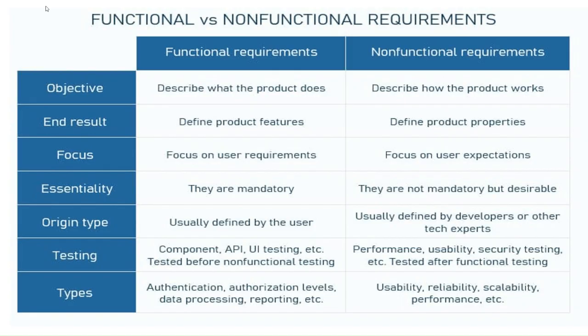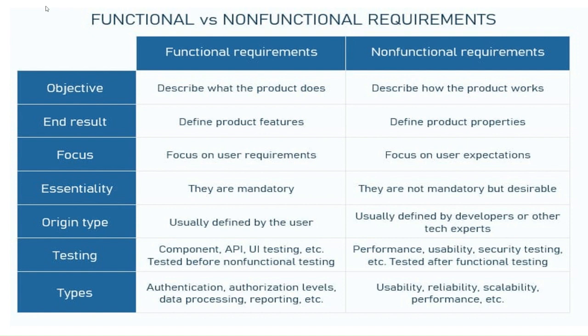Coming to the differences between functional and non-functional requirements. Functional requirements describe what the product does; non-functional requirements describe how the product works. Functional requirements define the product features; non-functional requirements define the product properties. Basically, they are different by their nature.